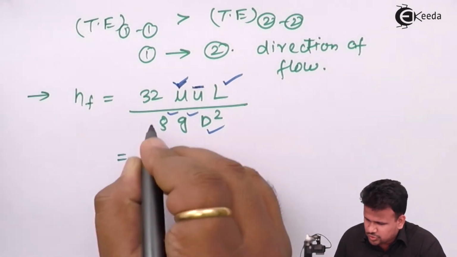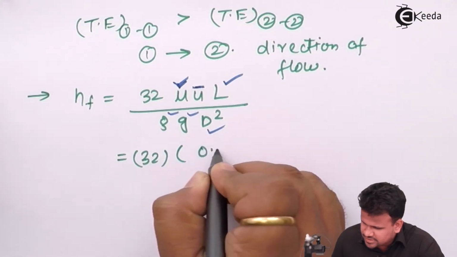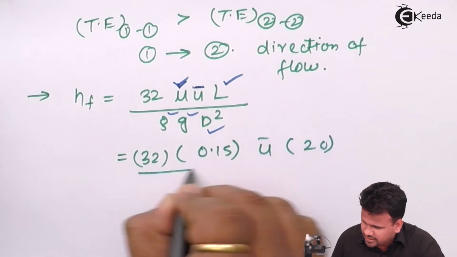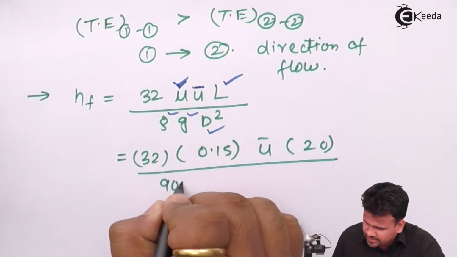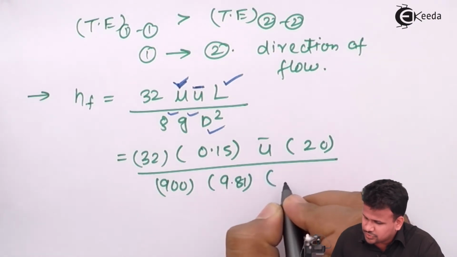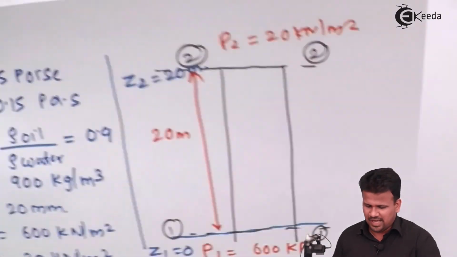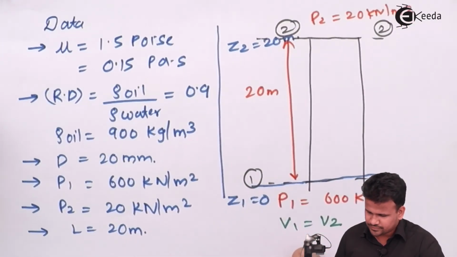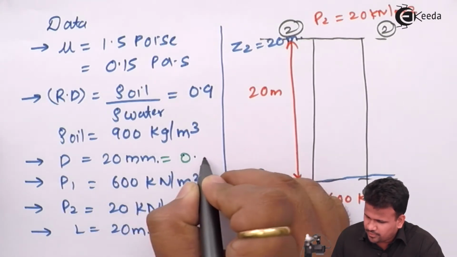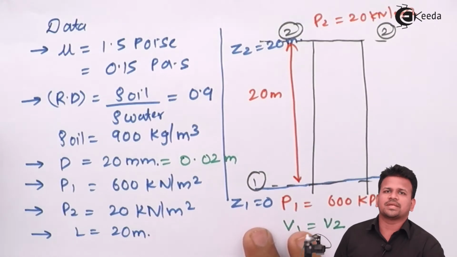The head loss due to friction is 32 into mu, which is 0.15, into u bar, length is 20 meters, upon 900, which is the density, 9.81, which is the acceleration due to gravity, and the diameter, which was given as 20 mm. So this is 0.02 meters, that is 20 into 10 to the power minus 3.